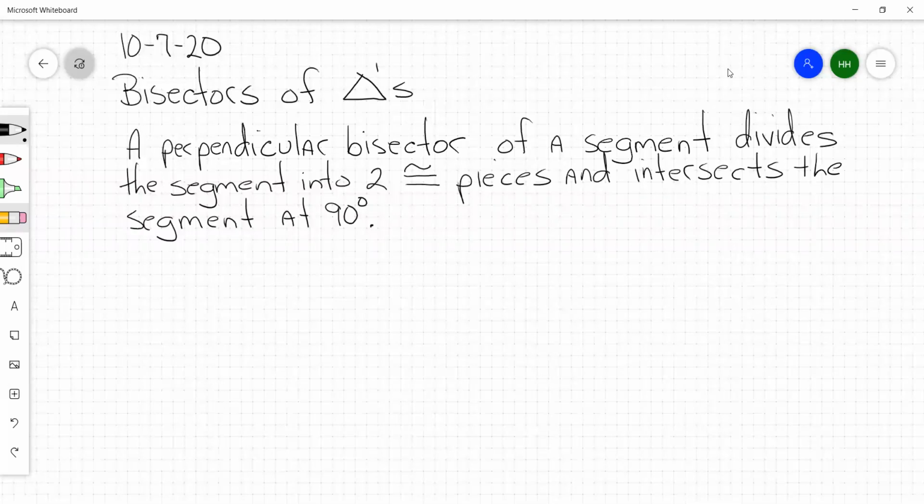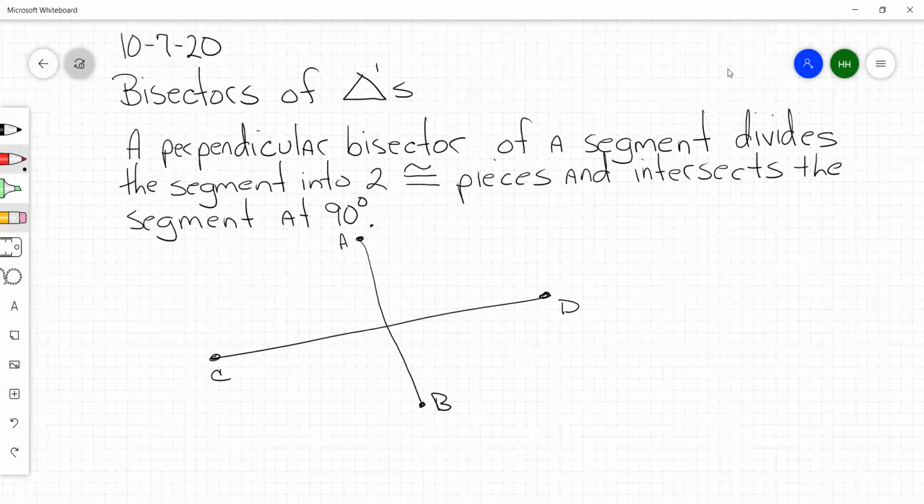If you have a segment and another segment is its perpendicular bisector, if AB is the perpendicular bisector of CD, then it intersects it at 90 degrees and it splits it in half.